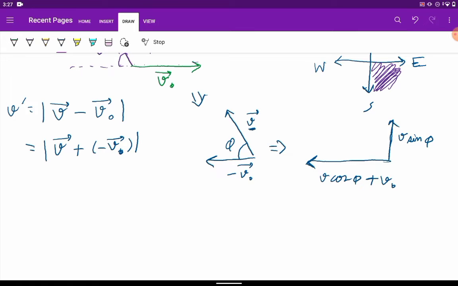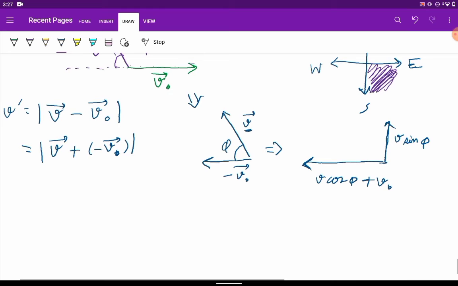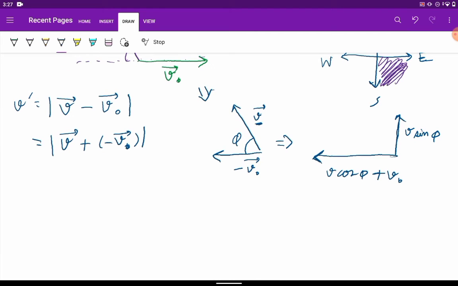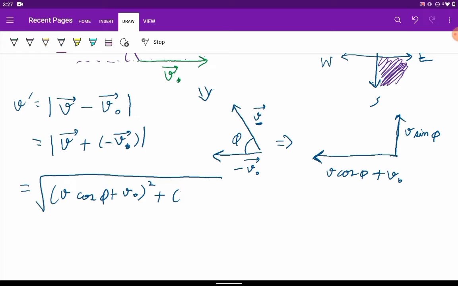In the upper direction it is v sin phi. These are the two components, so the resultant magnitude will be the square root of the sum of the squares: square root of (v cos phi plus v naught) whole square plus (v sin phi) whole square.